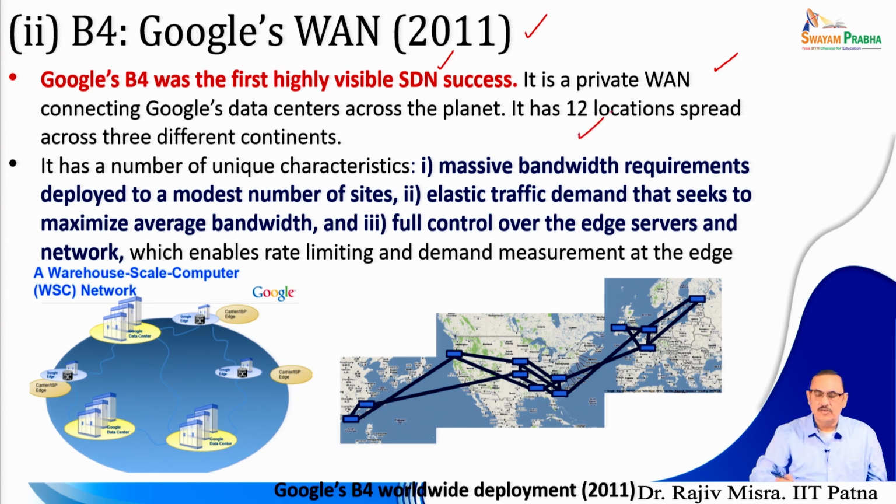Google published in the paper that it has 12 locations spread across 3 different continents, which are shown here in the world map.